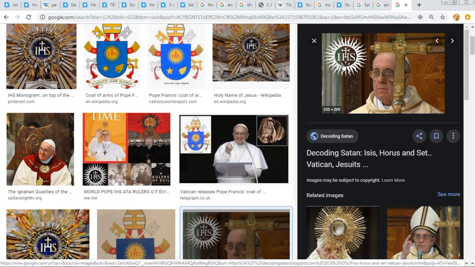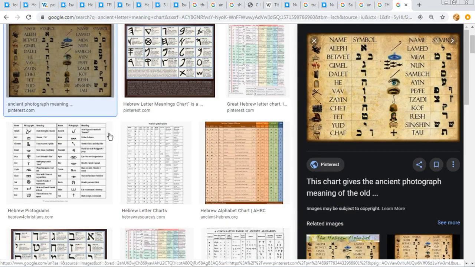And this is also the Vav, the spike, a connecting pin. The Vav pin holds your wheel on. Vav, Vav, Vav. This is 666. So if you're totally lost now, study. Just Google ancient letter meaning chart, or ancient Hebrew letter meaning chart, ancient Phoenician letter.